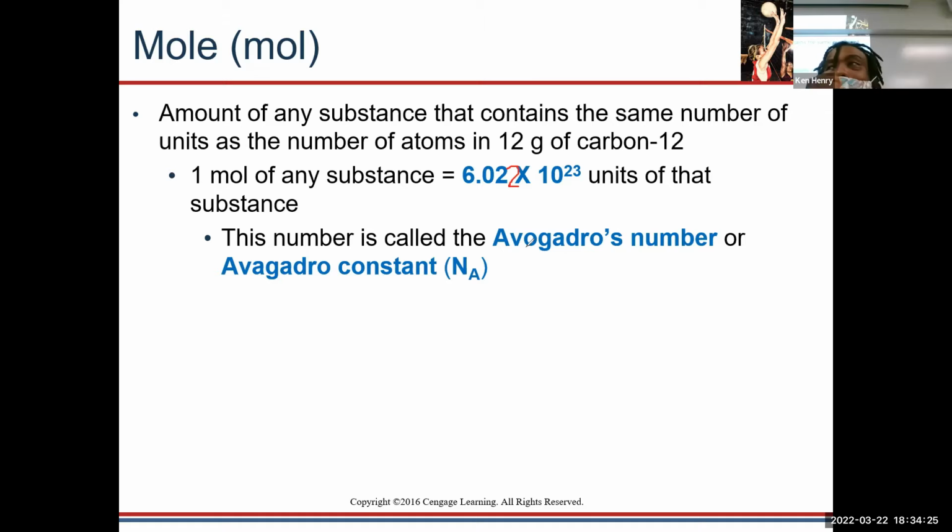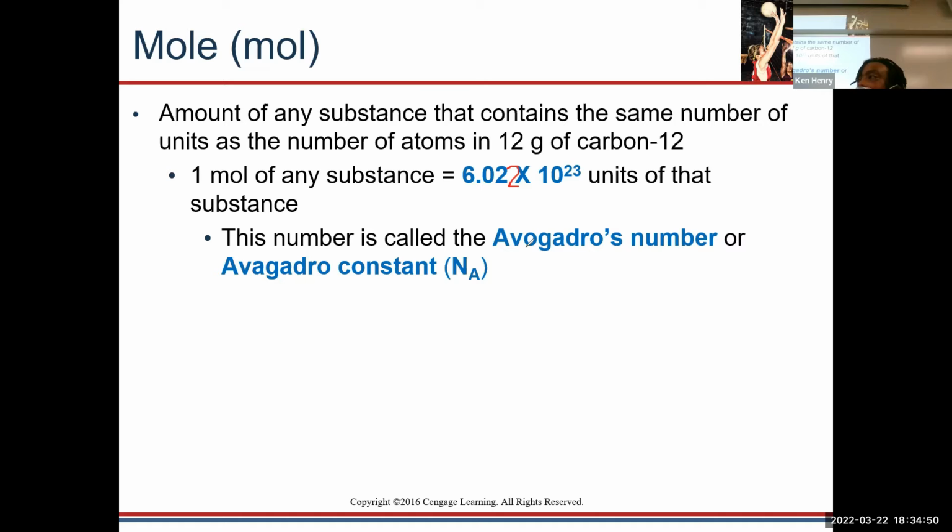Now in a mole, I have 6.022 times 10 to the 23rd, right? 1 mole is equal to 6.022 times 10 to the 23rd. And that could be of anything. It could be molecules, atoms, shoes, underwear, husbands, wives, girlfriends, side pieces. It could be anything you want, right?